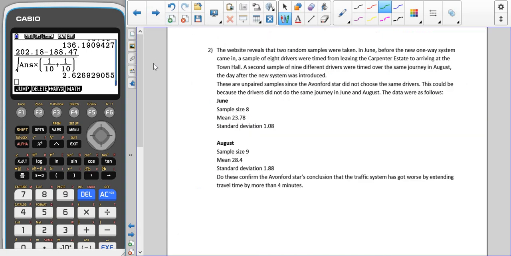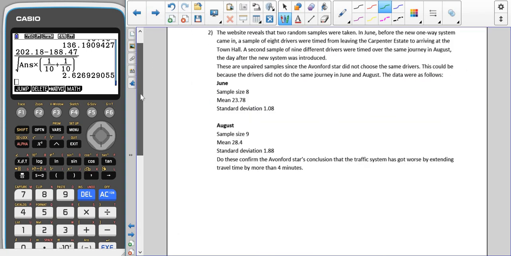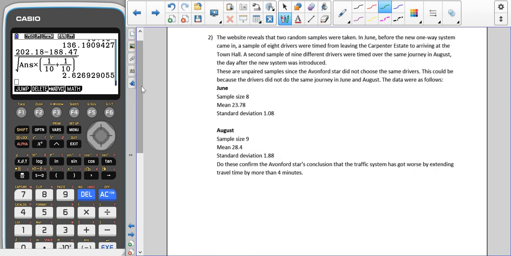So, having a quick look at our second example here. This time the website reveals that 2 random samples were taken. In June, before the new one-way system came in, a sample of 8 drivers were timed from leaving Carpenter Estate to arriving at the town hall.